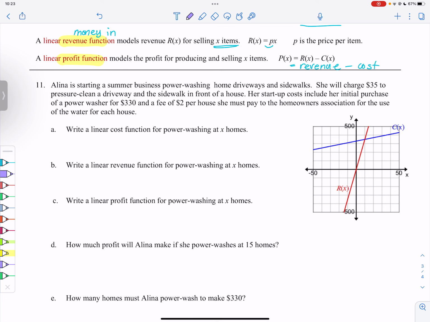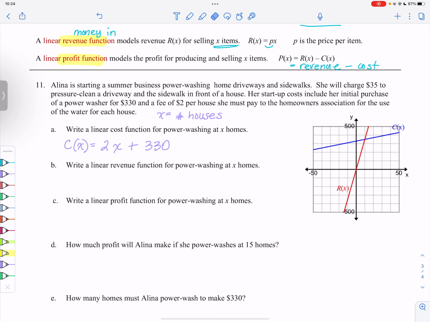So the cost function is going to be that $2 times the number of houses that she goes to. So x is going to be the number of houses. And then we will add that initial cost of $330 for the power washer.